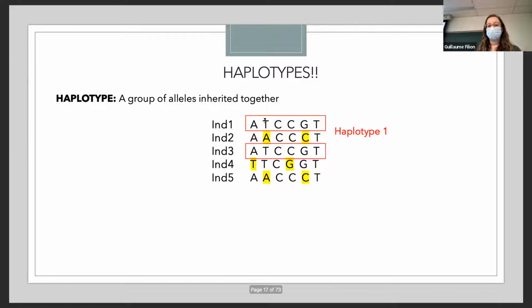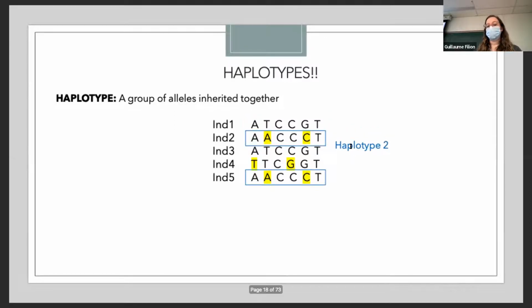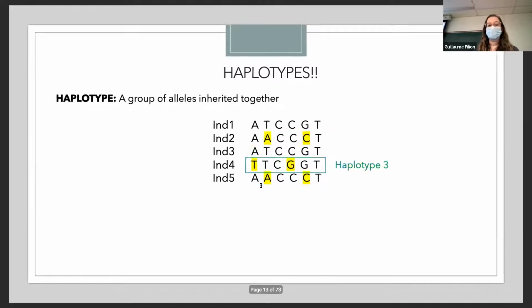They both have A, T, C, C, G, T. That means that is one haplotype. We go to the next individual, and that matches with individual 5. So that's a second haplotype. Finally, individual 4 doesn't match with anyone. That's a third haplotype. So even though we have 5 individuals here, we only have 3 haplotypes. Those are exact matches of those groups of alleles.